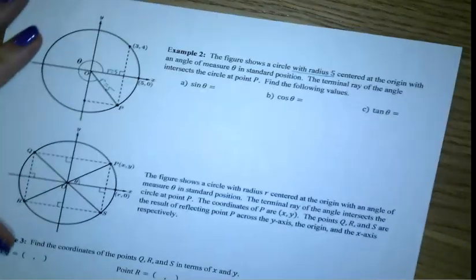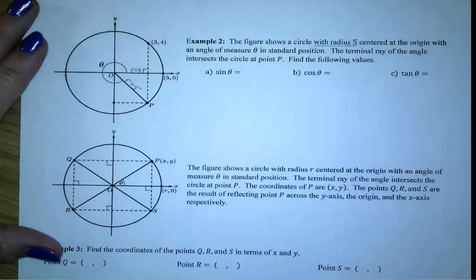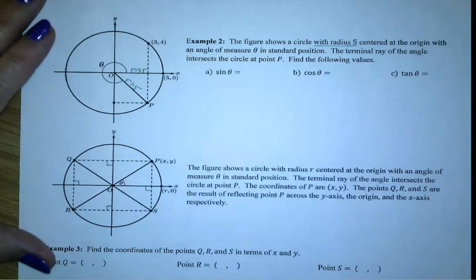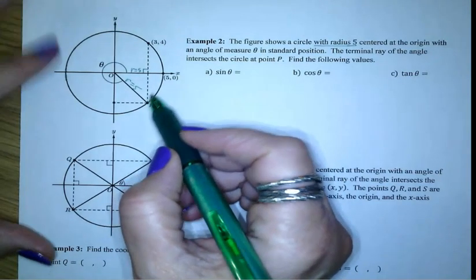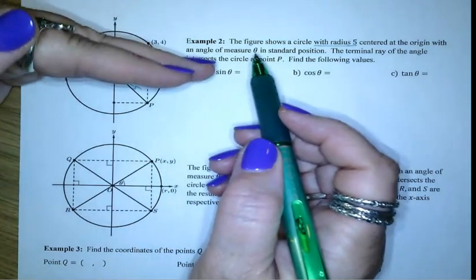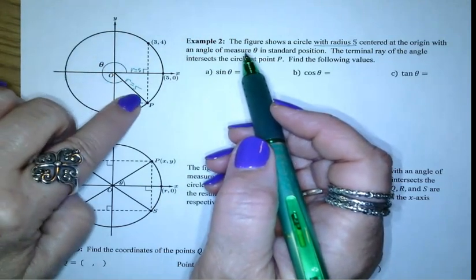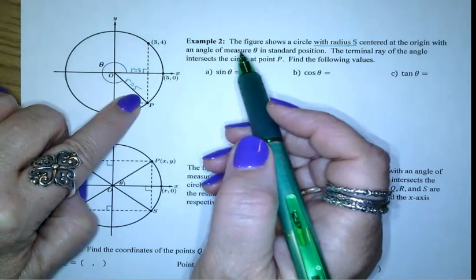Okay. So then it says it is centered at the origin and the angle of measure theta is in standard position. The terminal ray of the angle intersects the circle at point P. So remember, in standard position, this would have been lined up with the positive x-axis, and it would start opening up this way and going around until it stops. Where it stops is the terminal side.